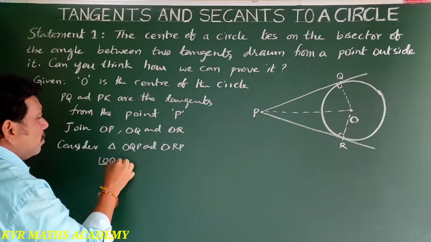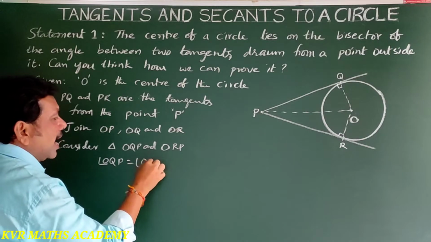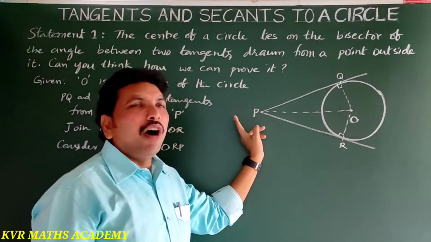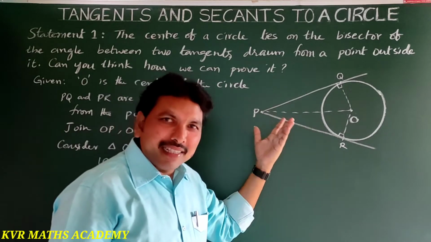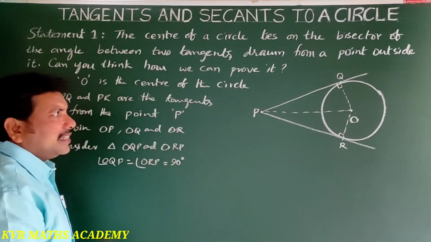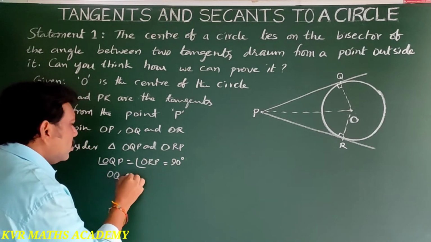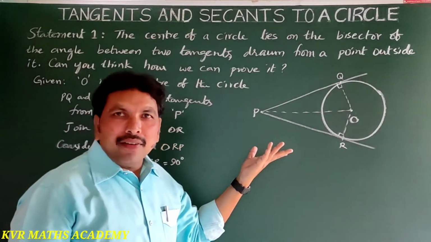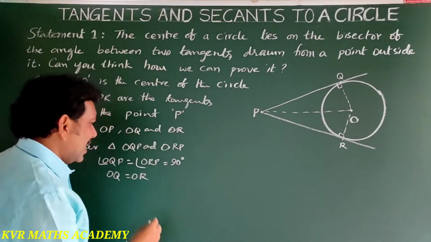Angle OQP is equal to angle ORP, which is equal to 90 degrees. Next, OQ is equal to OR, both are radii of the circle.